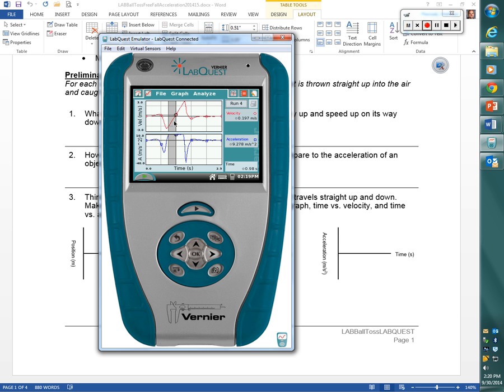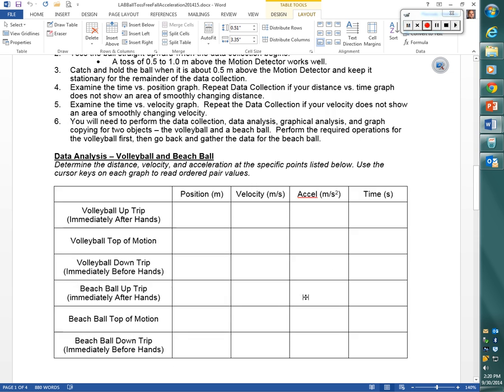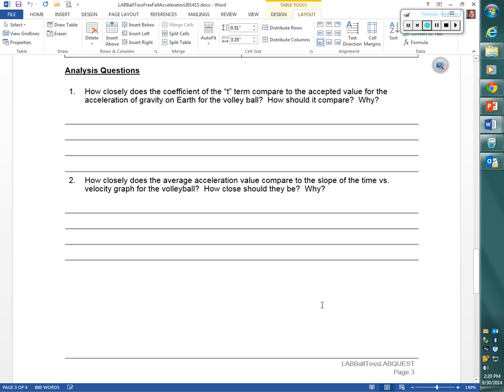Okay, let's answer some questions then from page 3 and 4. On page 3, question number 1 says, how closely does the coefficient of the t term compare to the accepted value for the acceleration of gravity on Earth for the volleyball? The coefficient of the t term is the number that shows up in front of t.